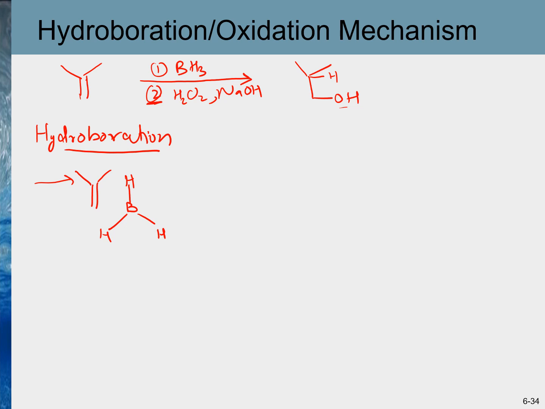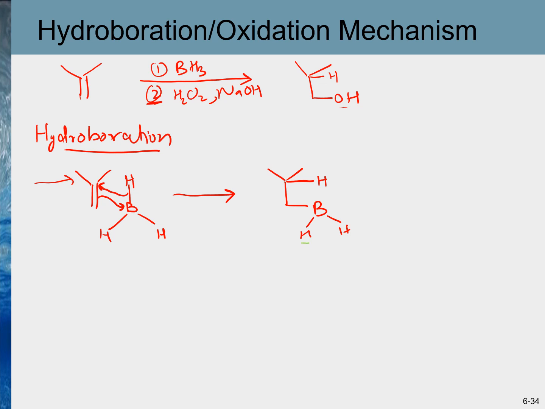Now at this time, a rearrangement, not really rearrangement, but the bonds will form, and it will lead to addition of boron and hydrogen to alkene. The pi bond will break and there will be new hydrogen atom at more substituted carbon and boron substituent at less substituted carbon.